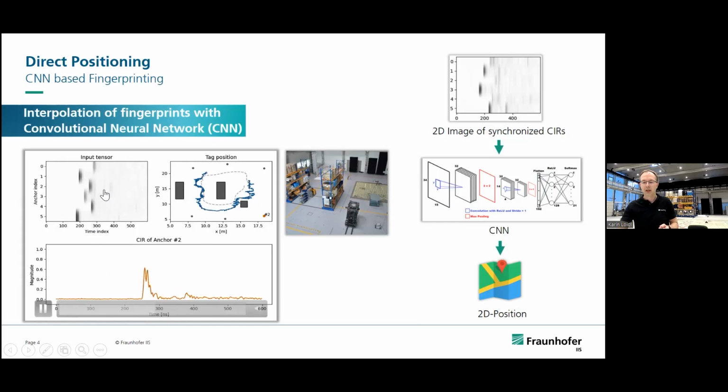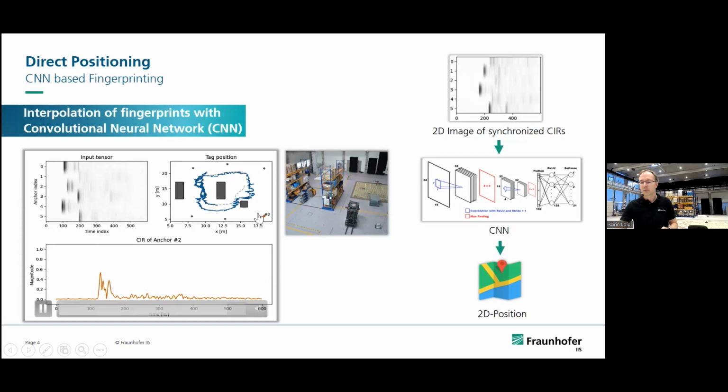Yeah, and you see here that for this example, we had six base stations in this case, or 6 antennas around that we used. And we used the whole channel impulse response here for the direct positioning using a convolutional neural network, in our case, to calculate the position that you saw in the demonstration.